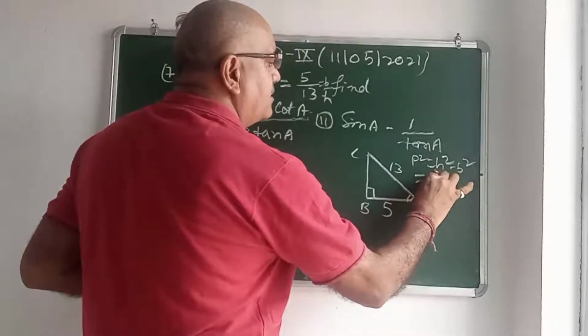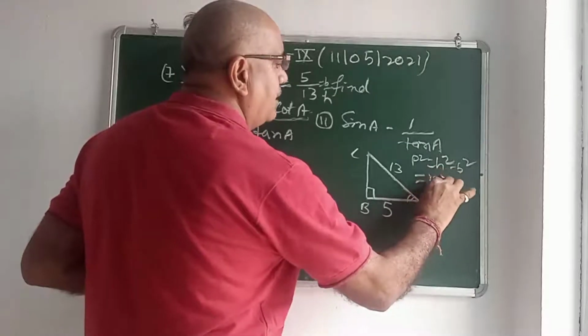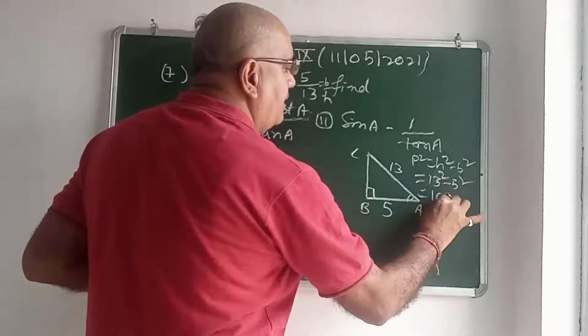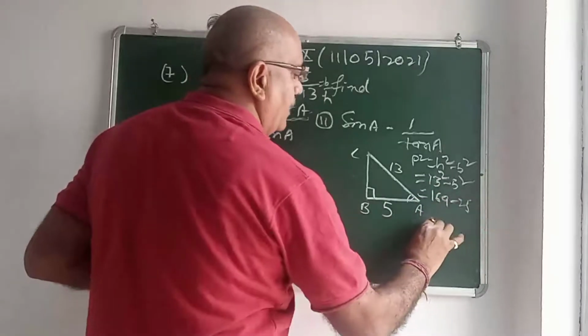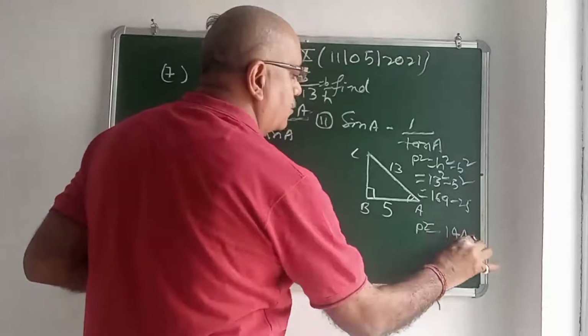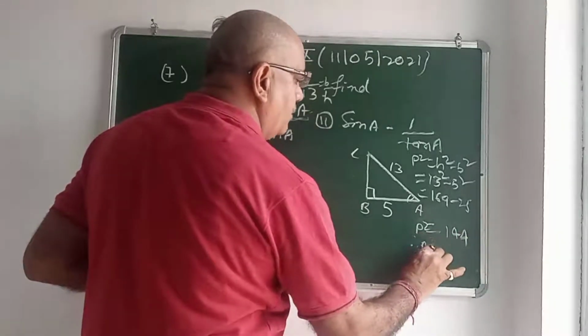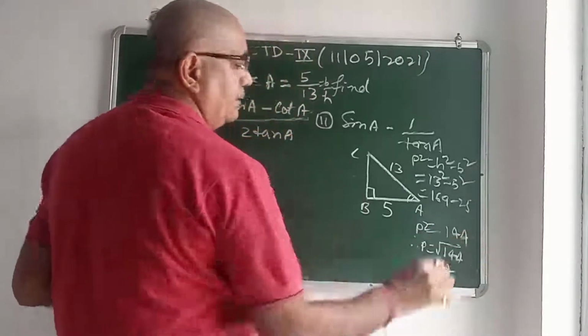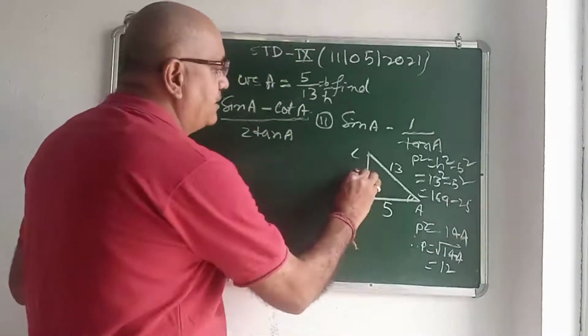H square means 169, 13 square, minus 5 square, that is 169 minus 25, that is 144. So P square is equal to 144, means P is equal to root over 144, that is 12. So this is 12.